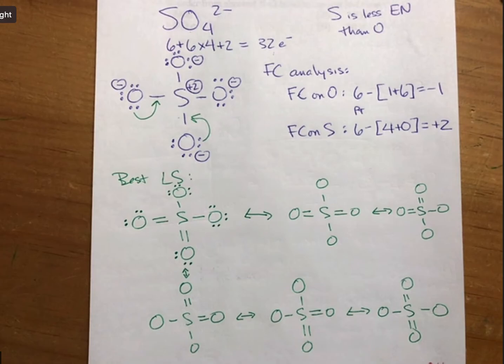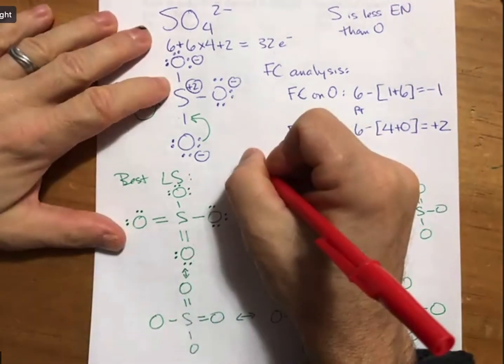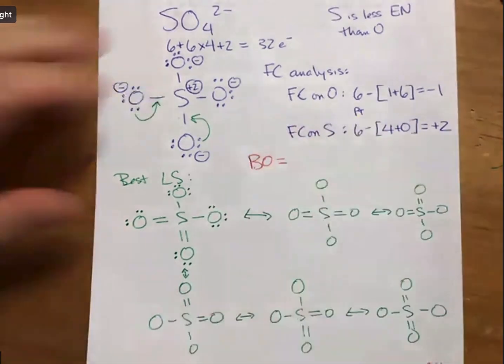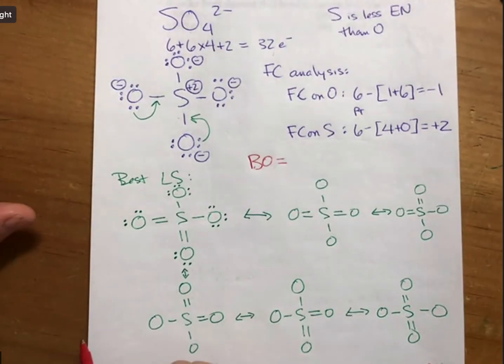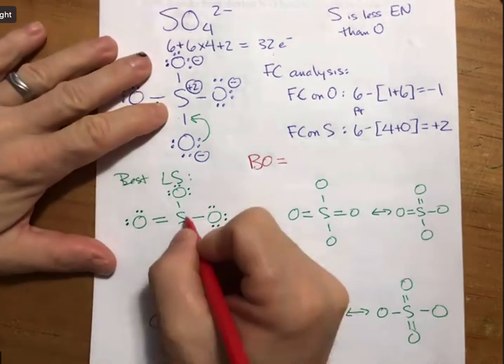While we're here, let's do a bond order. Which one do you use for the bond order? Does it matter? You can do them all, and you'll see that they're all the same. So I'm just going to pick this one.